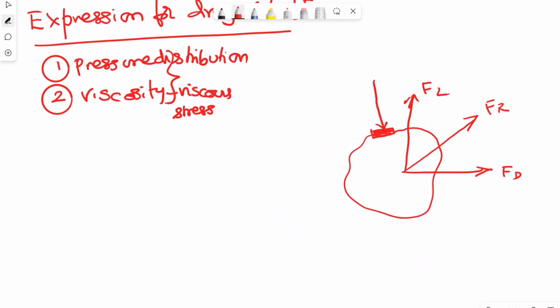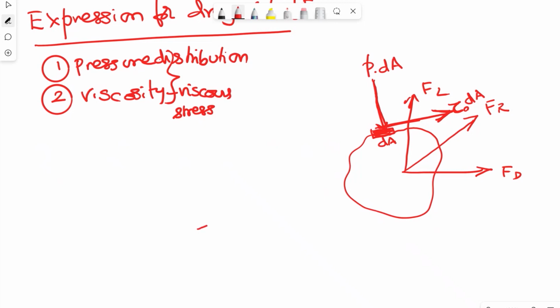Pressure always acts normal to the surface, whereas the shear acts tangential to it. If this is a small area dA, the shear force is tau naught into dA tangential to this area, whereas pressure is always normal to the area.